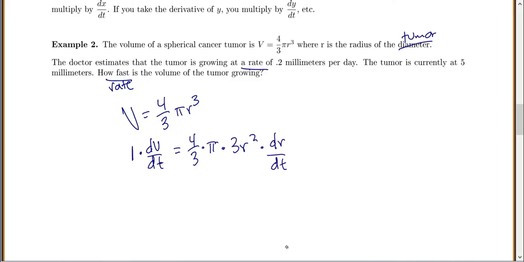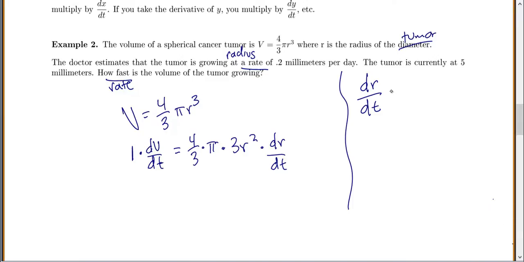At this point, I'll usually stop and come back and look at what it told me above. The doctor estimates the tumor is growing at a rate of 0.2 millimeters per day. I just said the tumor is growing, but it's implied that this is the radius. So it's saying the radius is changing at a rate with respect to time.